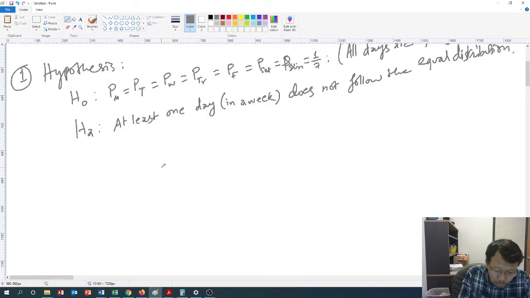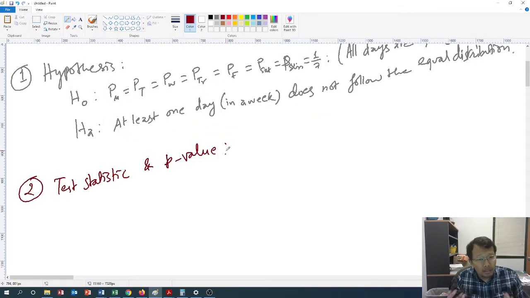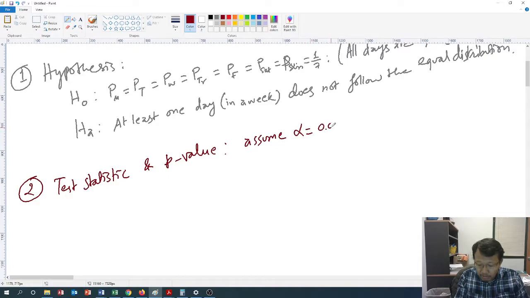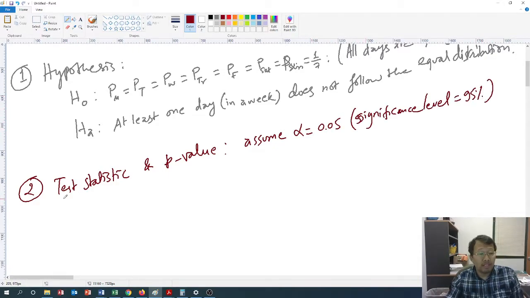Since the significance level is not given, we will assume that alpha is 0.05, or significance level 95%, by default. To find the test statistic and p-value, we would go to the GeoGebra probability calculator.